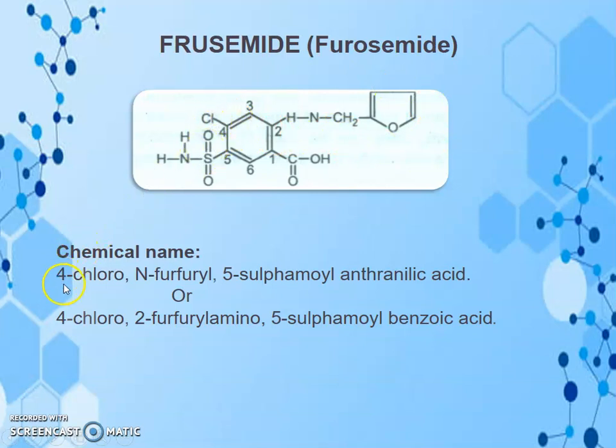Therefore the chemical name is 4-chloro-N-furfuryl-5-sulfamoyl anthranilic acid. If we consider that our parent compound is benzoic acid, then the chemical name will be 4-chloro-2-furfuryl amino-5-sulfamoyl benzoic acid.